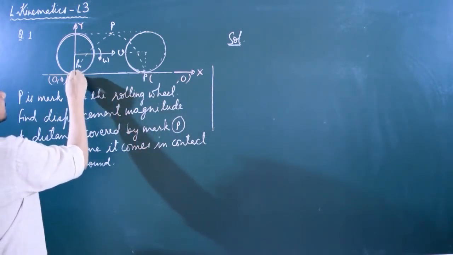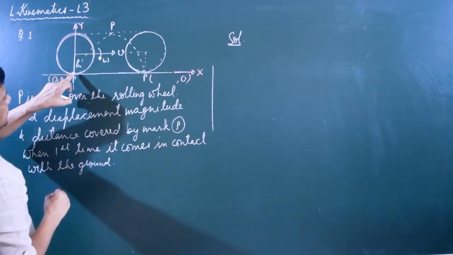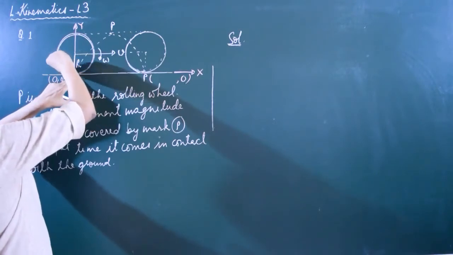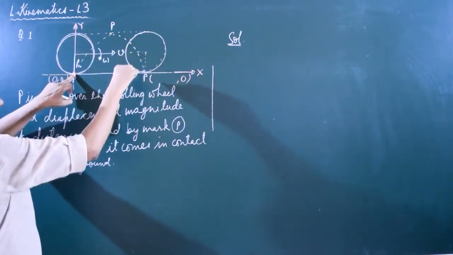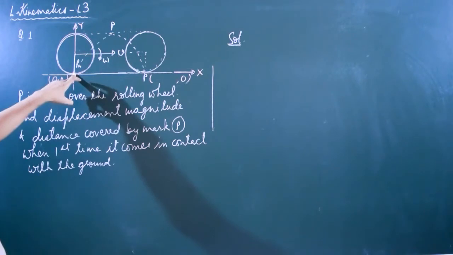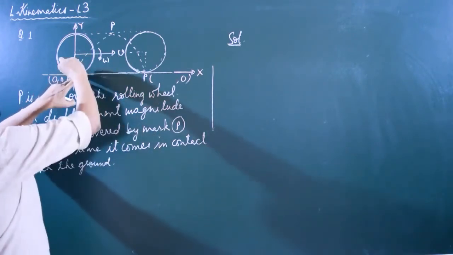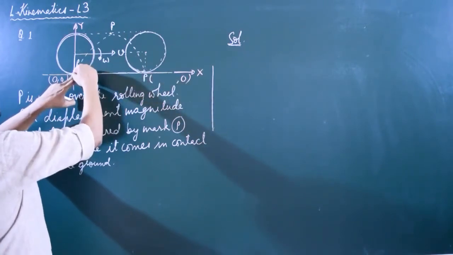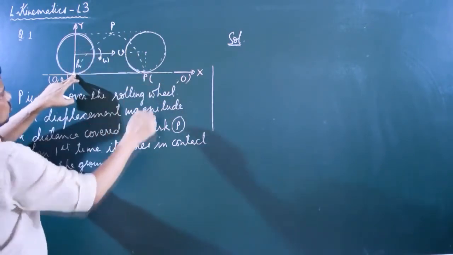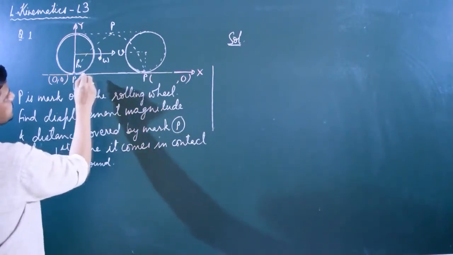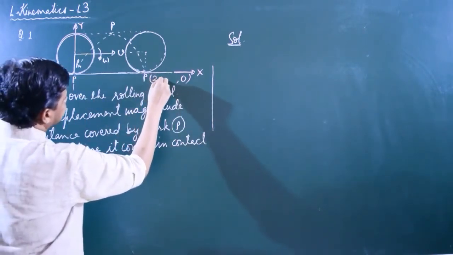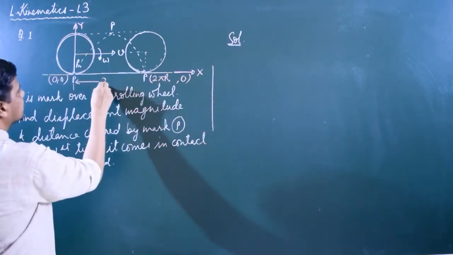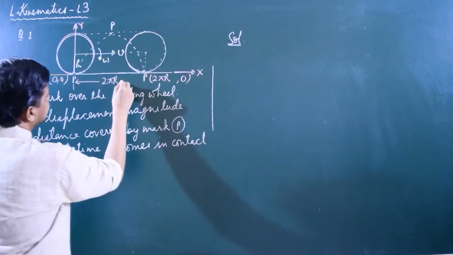You start this thread, end is fixed here and the other end is this. Now you elongate the thread, it is inextensible. So if you take the thread here like this, you come to this point. So what will be this length? This length is exactly 2 pi r. So this distance is 2 pi r. It is along x coordinate.